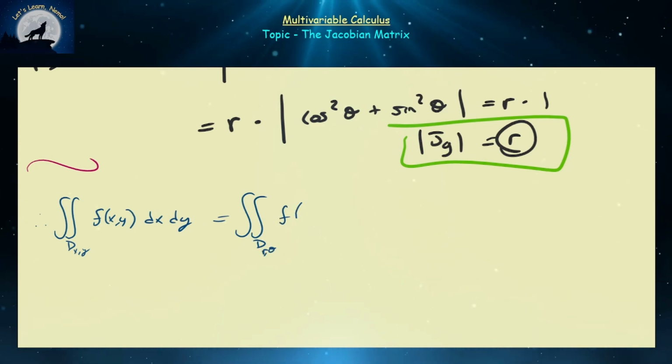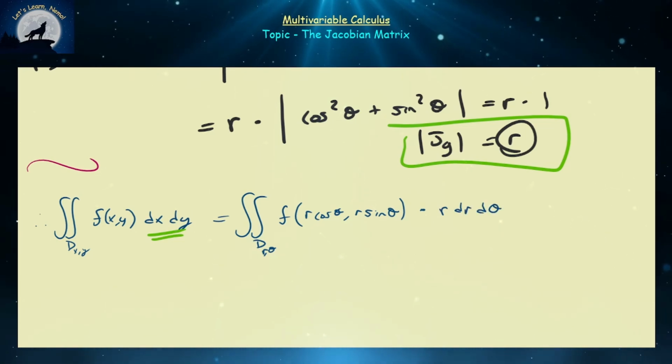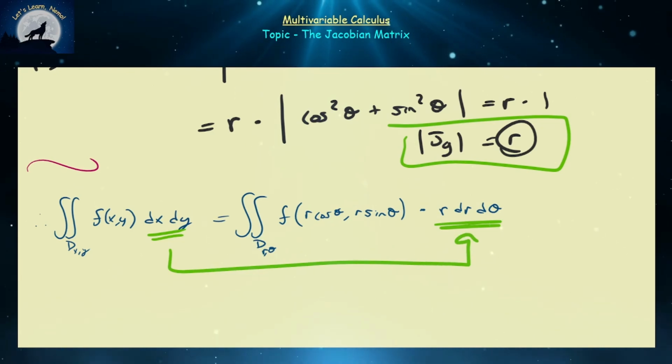We replace x with r cosine theta and y with r sine theta, and dx dy will be equal to the Jacobian times dr d theta. We already derived the Jacobian to be equal to r. So every time you want to go from rectangular to polar, you replace x and y with their corresponding polar representations and replace dx dy with r dr d theta.